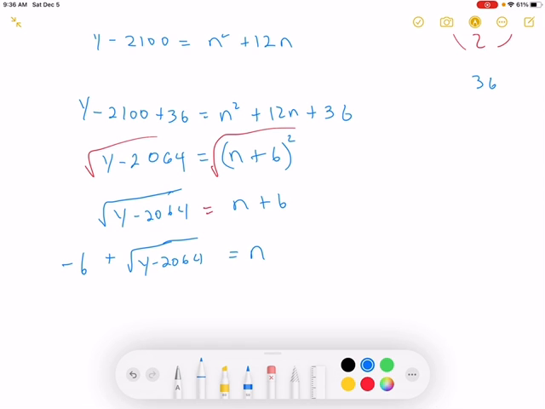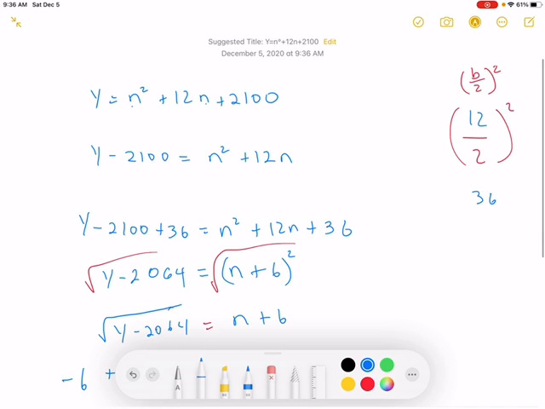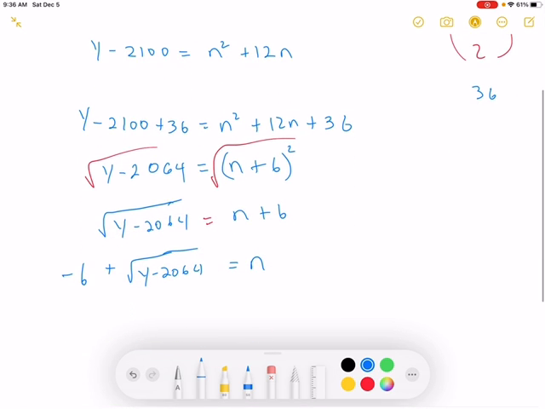So the original problem, the y, this was C of n, represents the cost in dollars, and then n represents the units. So now it's going to be backwards, right?